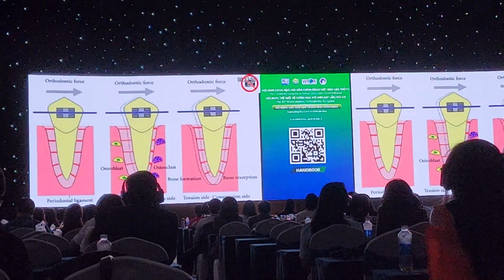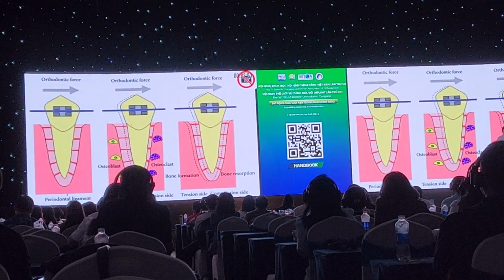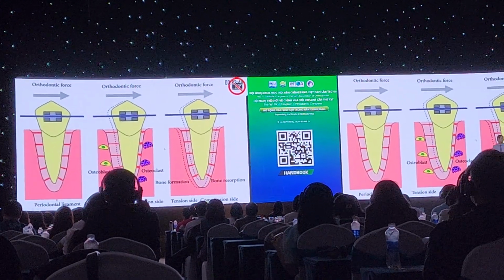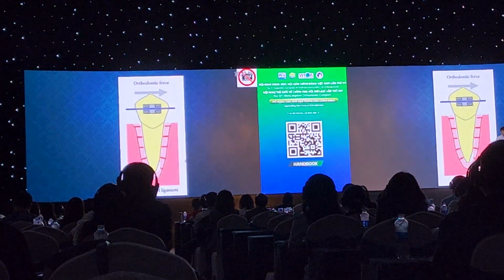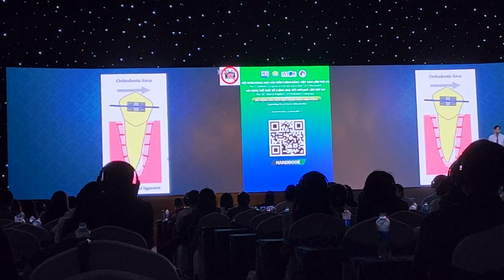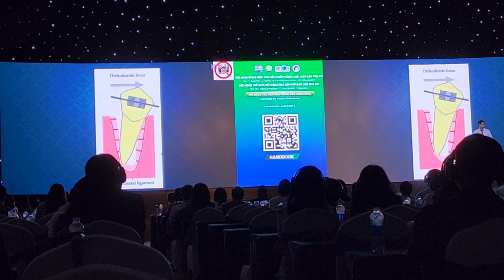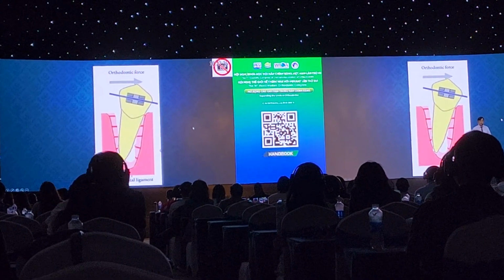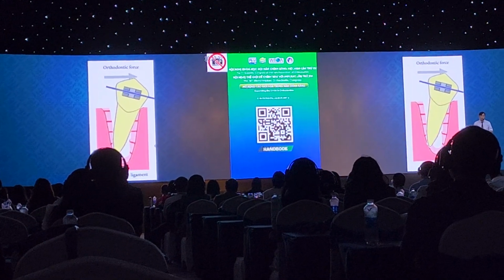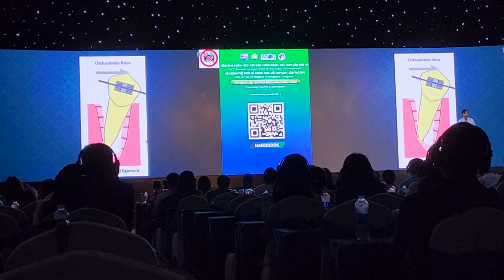When we apply force on the teeth, do you think this is bodily movement? No, it's only tipping. When we apply force on the teeth, what will happen? The teeth will incline until they touch the stopper. If we still apply force, the teeth will extrude.